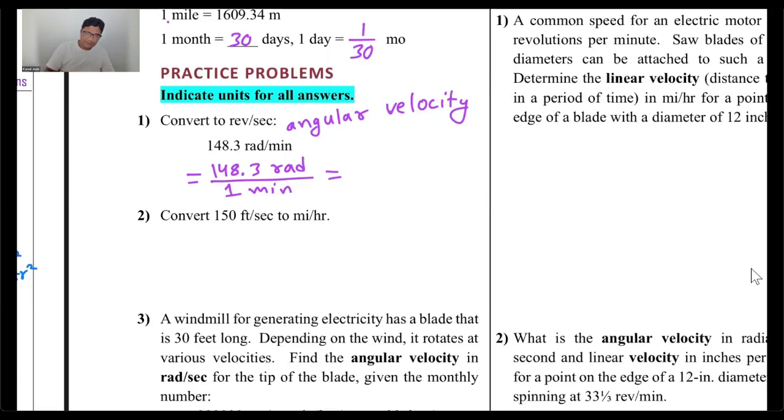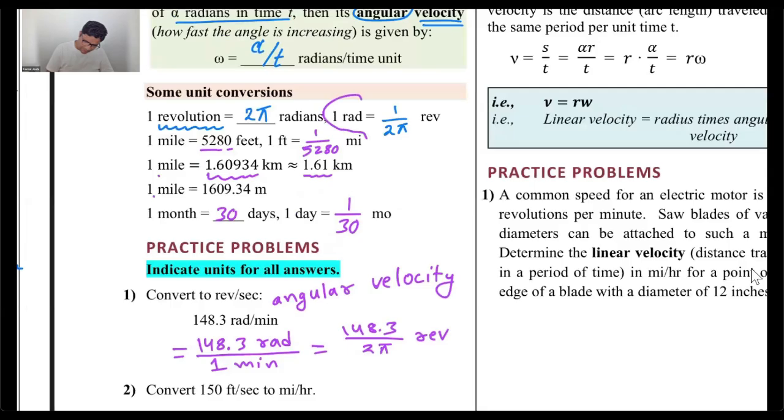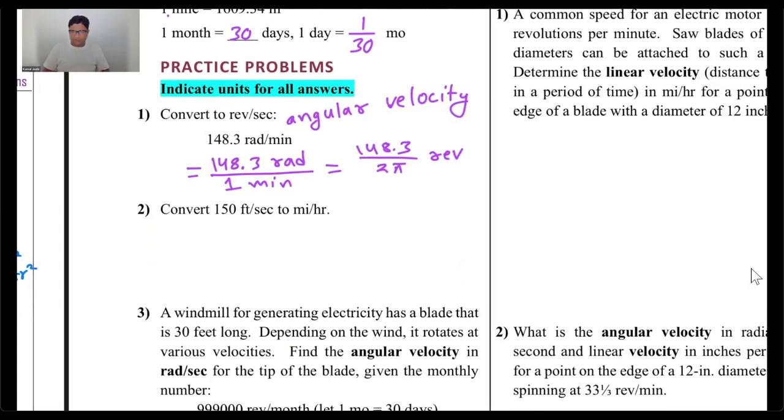Now you want to convert radians to revolutions. You divide by 2 pi. Remember, 1 radian is 1 over 2 pi revolutions. So divided by 2 pi.